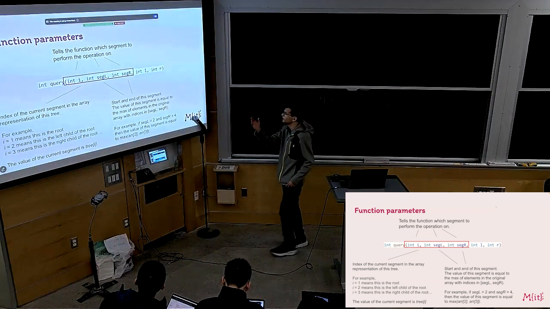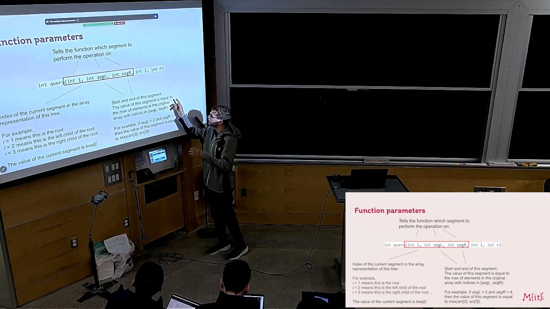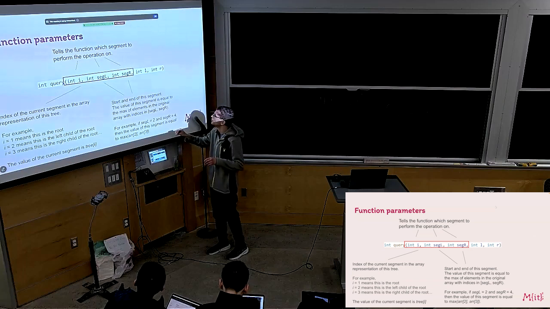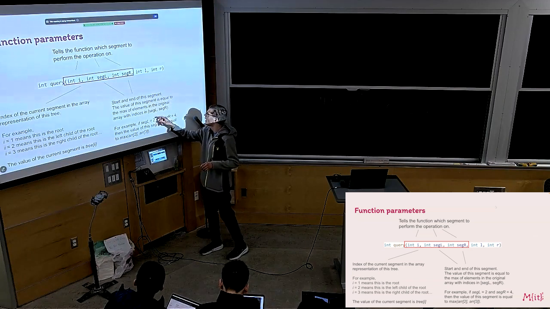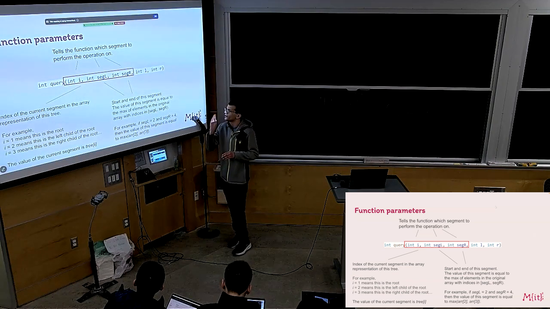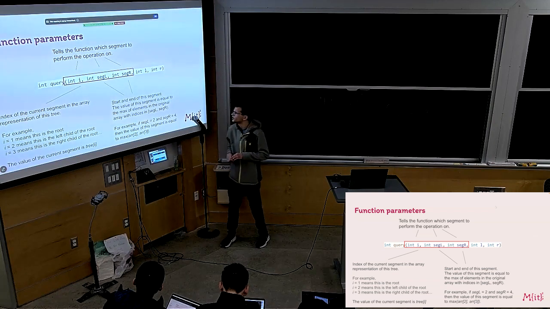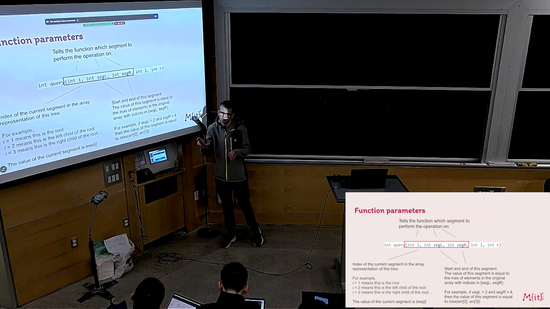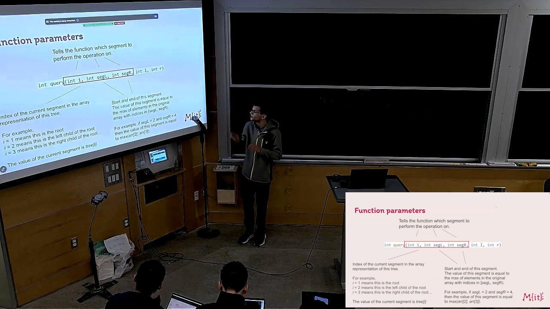So that basically means that the value of the segment, which is t of I, is the max of the elements in the original array that have indices in the half inclusive range seg L to seg R. In my actual implementations, I try to make all of my ranges inclusive on the left and exclusive on the right, even though that might not be what I did in some of the diagrams earlier, because I think those are generally quite nice to work with.